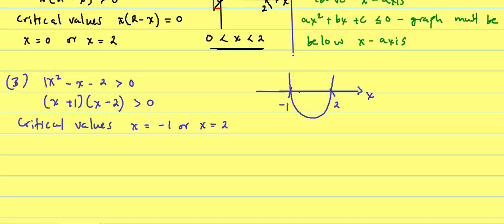If I choose a point here, you will notice that the graph is now going to be below the x-axis. I'm looking for parts which are above the x-axis. So if I go up here, that is above the x-axis. If I choose something here, all this in here is below the x-axis. So the y values that we're looking for are here and also on this side. So we are saying that x has got to be less than -1, or x has got to be greater than 2.